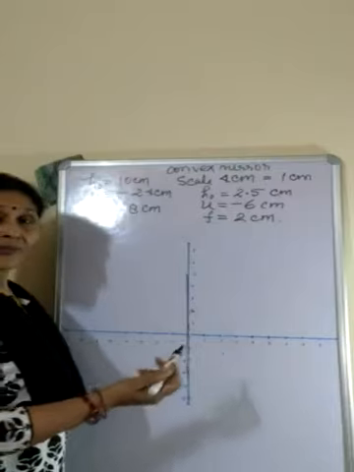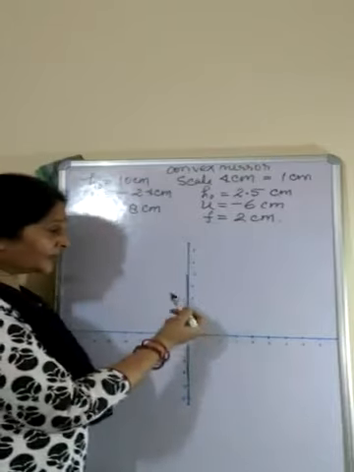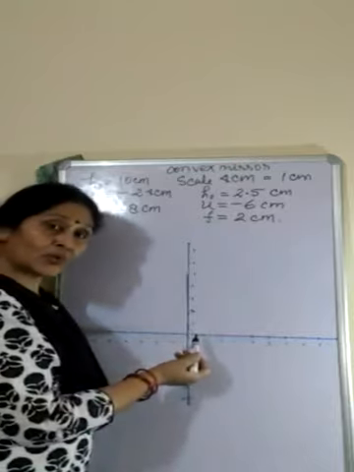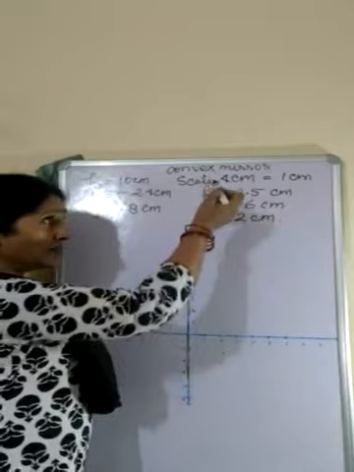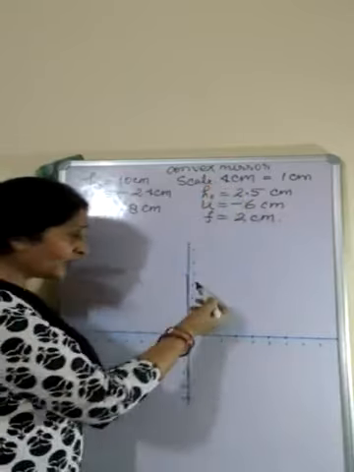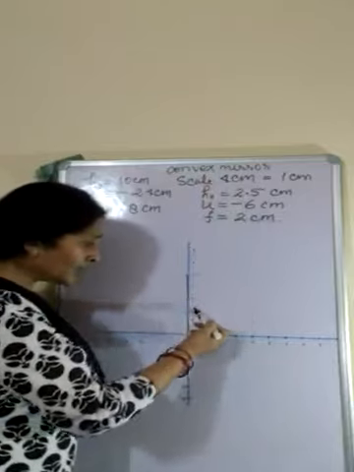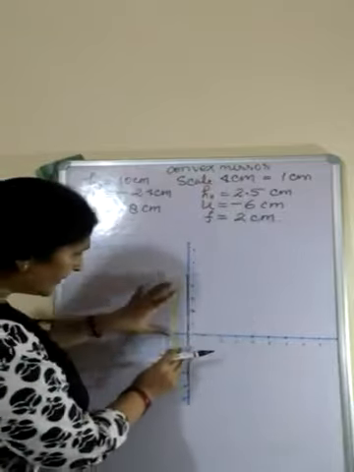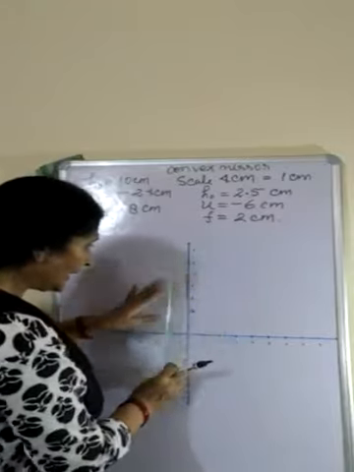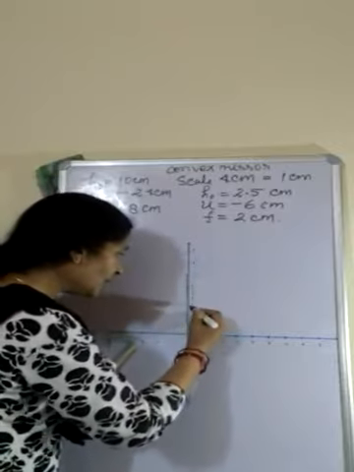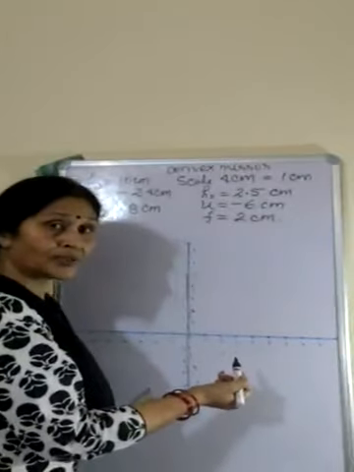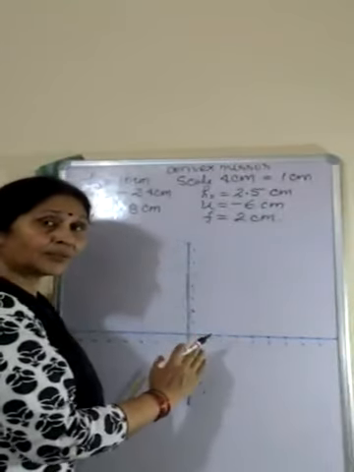This is your graph paper. The graph paper is in the background. I have taken coordinate axis only, and for the mirror you have to take a straight line. For your convenience, you can draw convex mirror by dotted line. So we will draw a straight line for the mirror, and only dotted line we will use for our convenience, so that we can put the focal length or focus on a proper direction.